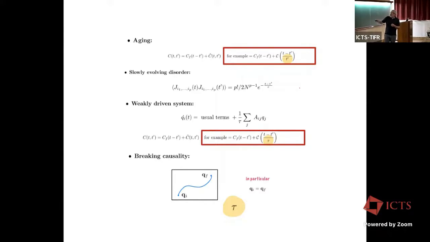And we will assume that T prime, the age of the system in the case of aging, tau, the parameter I'm describing, are big. So the dynamics is slow, but it has different ways of being slow.